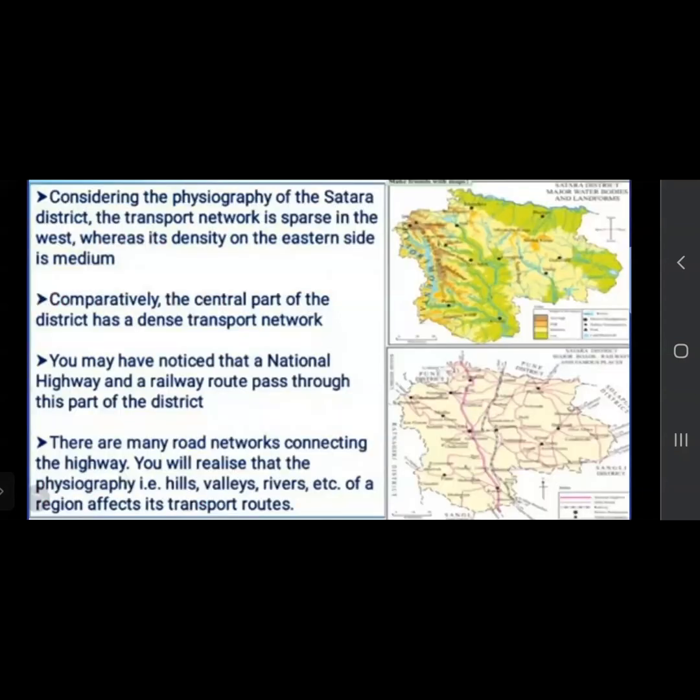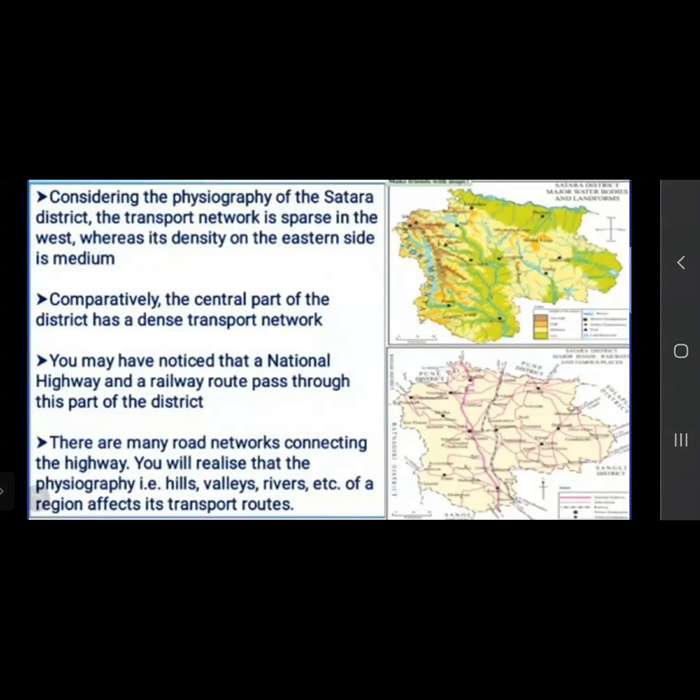Now consider the physiography of Satara district. The transport network is sparse in the west, whereas its density on the eastern side is medium. So the transportation network is sparse, meaning less, on the western side. And why?